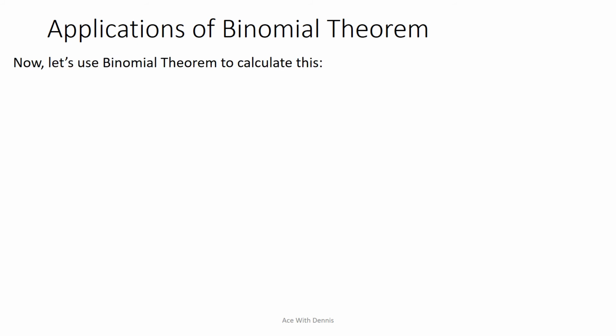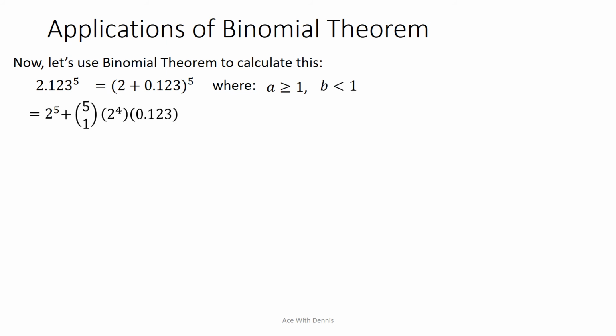Now let's use the binomial theorem to calculate 2.123 to the power 5. We can break this number into two parts, which becomes (2 plus 0.123) to the power 5, where a is greater than 1 and b is less than 1.